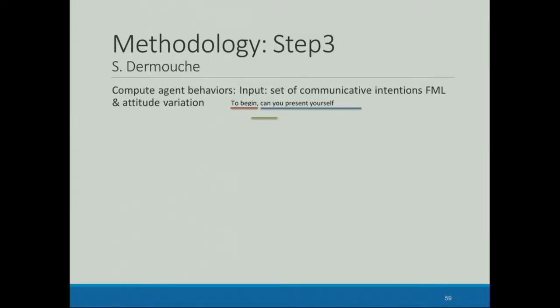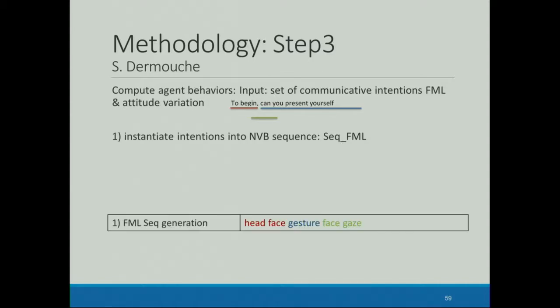For example, here you have an example where we have three different communicative intentions defined by colors. We will instantiate the different intentions into nonverbal behaviors. So the three different communicative intentions will be communicated by different multimodal signals.